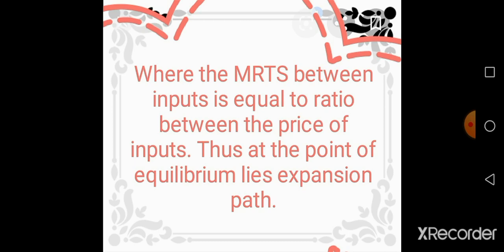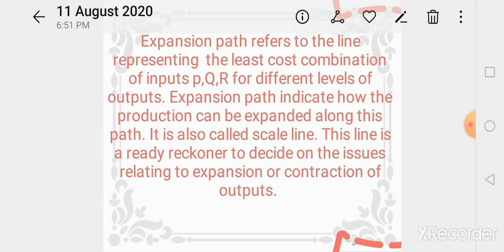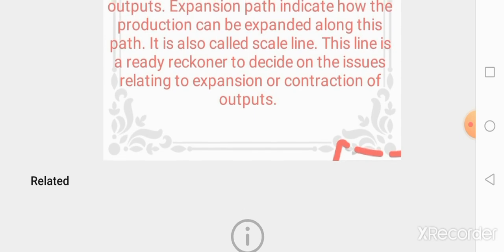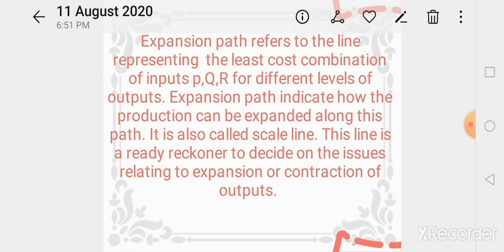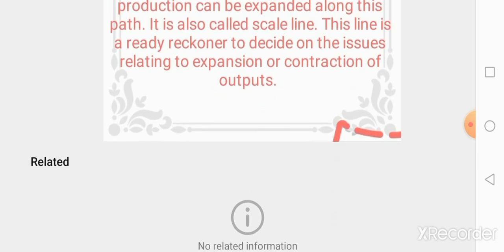This expansion path or scale line is helpful for producing output or changing the quantity of output with the help of least cost combinations. The expansion path refers to the line representing the least cost combinations. It indicates how production can be expanded along this path. This is called the scale line. This line is a ready reckoner to decide on issues relating to expansion or contraction of output.